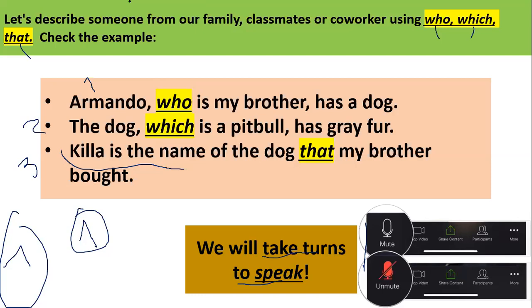Juan Carlos. Okay, I'm going to talk about Celine Dion. Celine Dion, who is a Canadian singer, released the album Falling Into You, which is the best seller in the world. This is the album that I like the most.